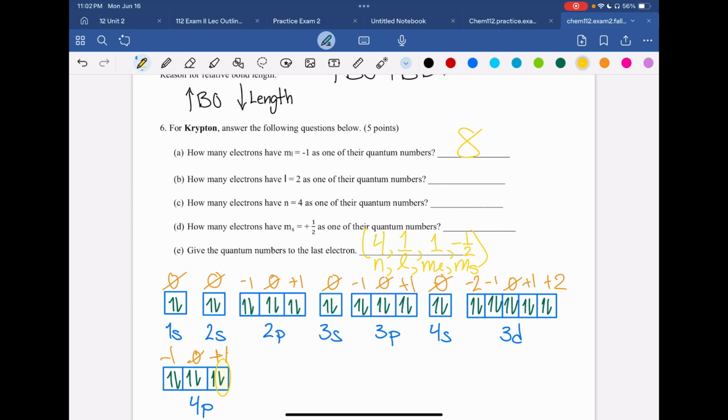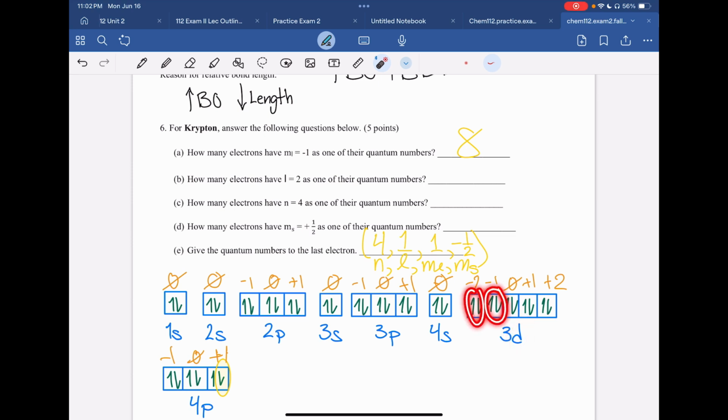How many electrons have L equal to 2? Remember, 0 is S, 1 is P, 2 is D. So out of all the D's, how many electrons are there?